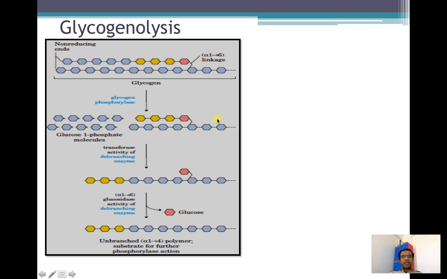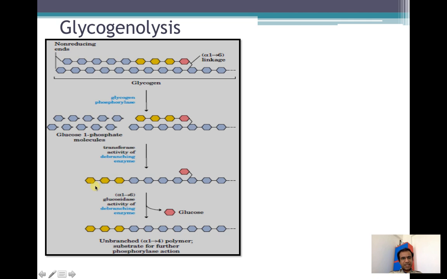This product is also known as the limit dextrin, a breakdown product of glycogen itself. This debranching enzyme will transfer these three glucose molecules into the chain. Basically it is removing the branch of glycogen, so that's why the name is debranching enzyme. These three glucose molecules will be shifted from the branch to the main chain.